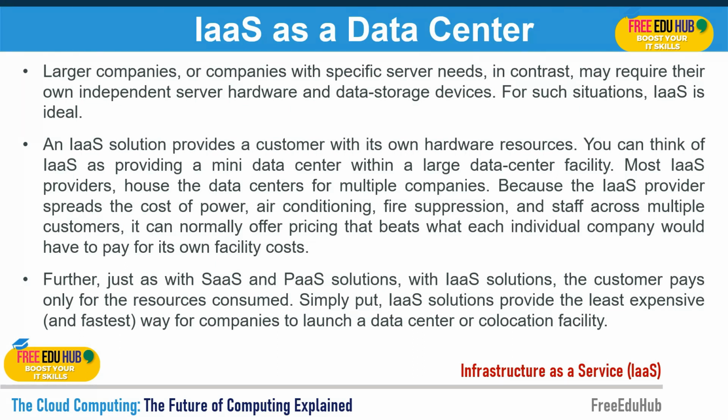Because infrastructure as a service providers spread the cost of the power, air conditioning, fire suppression, and the staff across multiple customers, they can normally offer pricing that beats what each individual company would have to pay for its own facility costs.